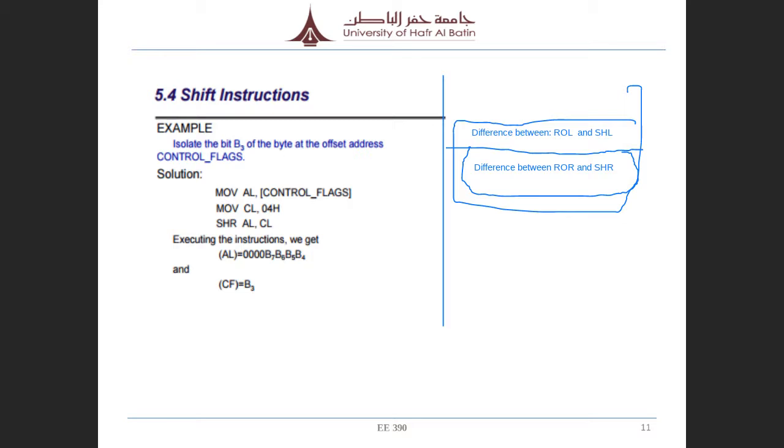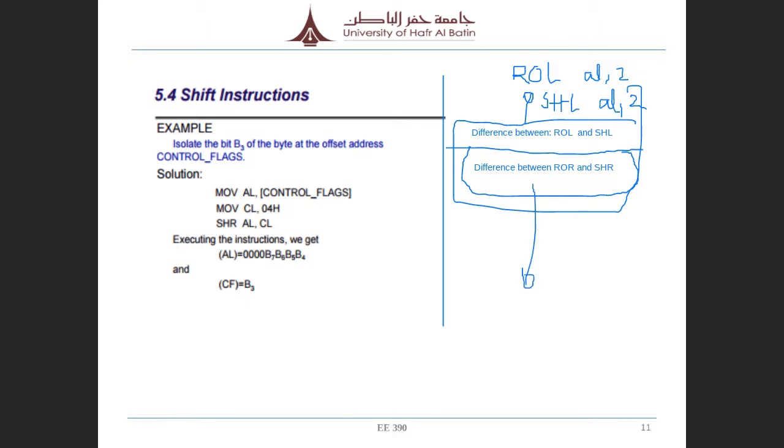For example, ROL AL, 2 and SHL AL, 2, within a specific example. So this is about the difference between these two instructions.